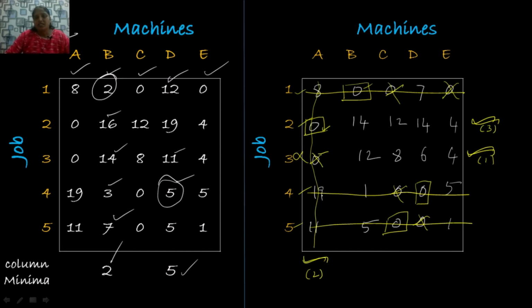And the first column alone is a marked column, so you have to draw a straight line through first column elements alone. So draw a straight line through unmarked rows and marked columns. This gives the minimum number of straight lines which cover all 0 elements.